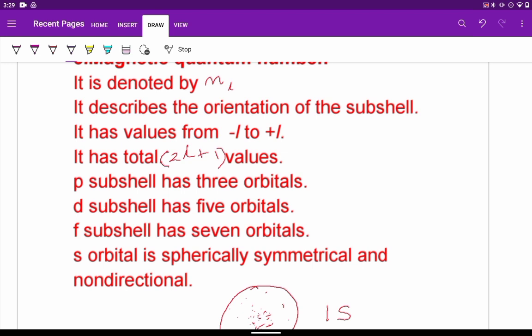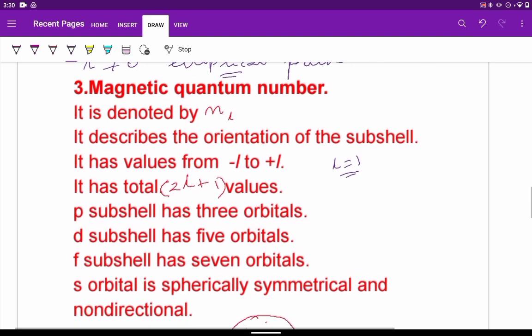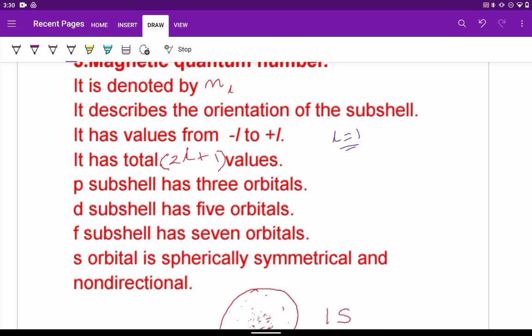Like when L is 1, the values for ml will be minus 1, 0, plus 1, means 3 values will be there.